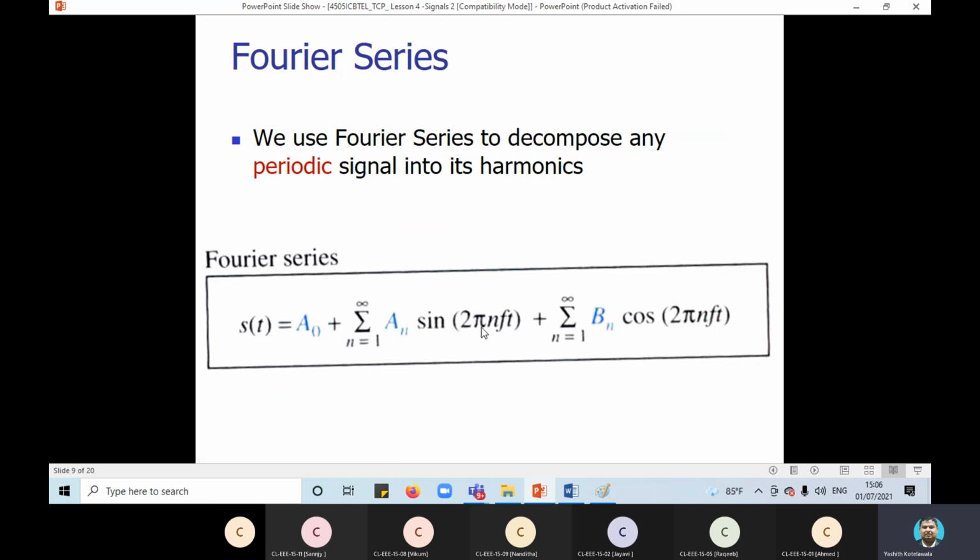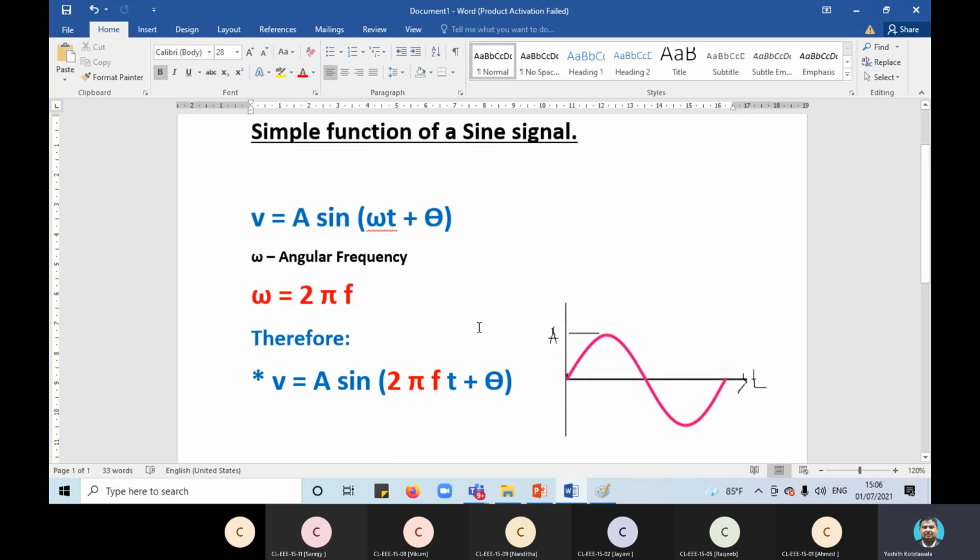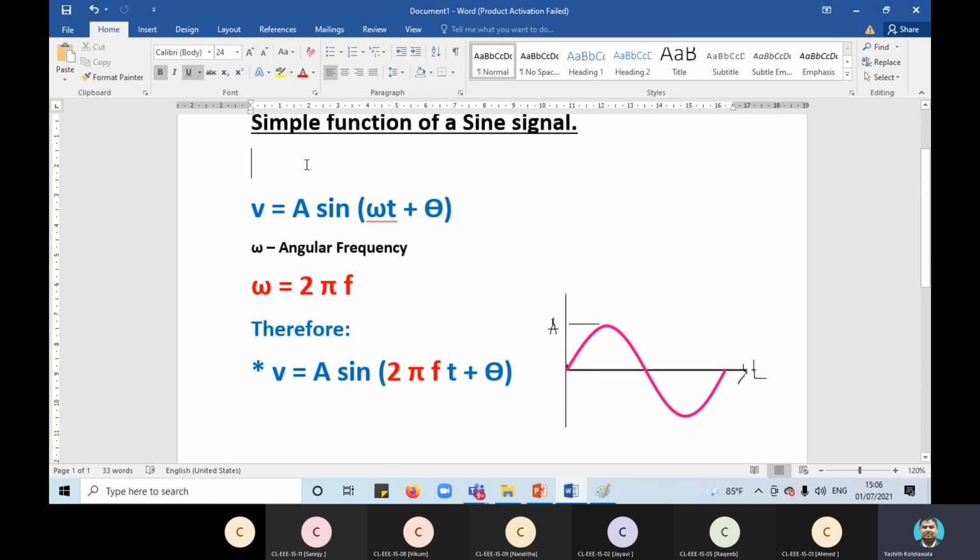So here now you see 2 pi f t, in between you have an n value. So now you are coming little by little near to the Fourier series. But what we have is another cos component. So let's think about the cos and see what sort of a variation needs to be done for a sine signal in the case of identifying a cosine signal.